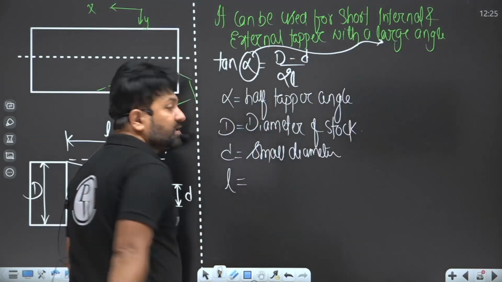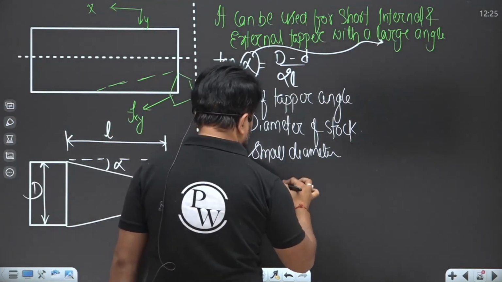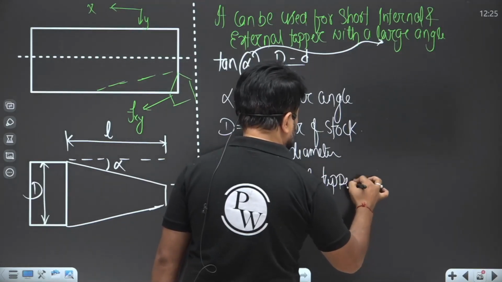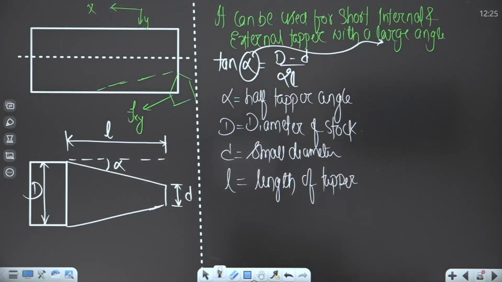L is your turning length, length of taper. I hope you understand the concept.